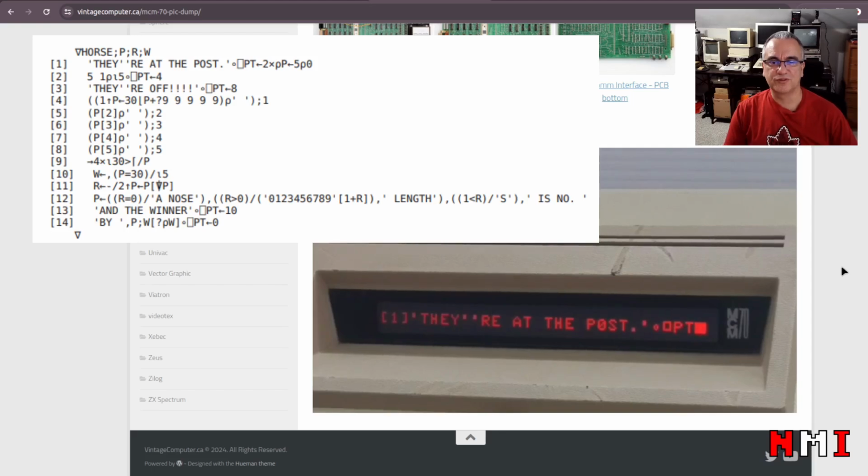See the symbols? I have the listing of this program. We can see it. Yeah, but it's starting to get enigmatic already. Look at this. Line 2.